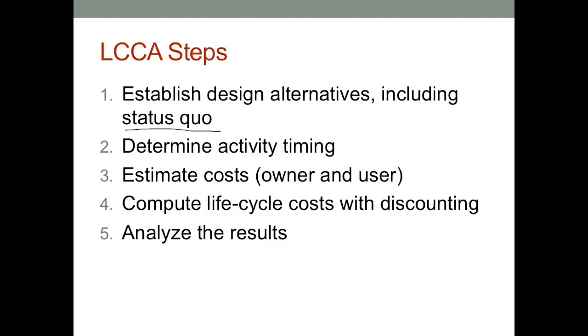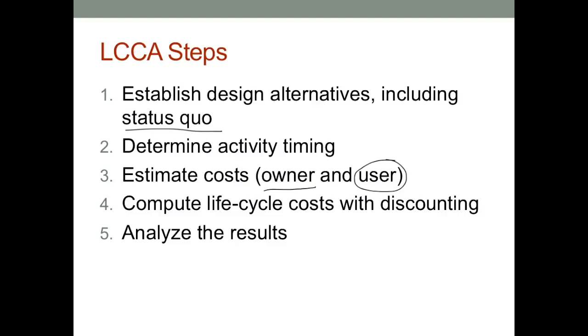Then we need to, 3, estimate costs, the owner costs and the user costs. Owner costs are costs that are paid for by the person or the entity that is in charge or that manages or owns the option or item. Whereas user costs would be incurred by the individuals that are using the item or that have some tangential role in the project or action.